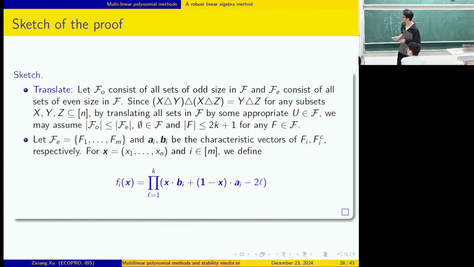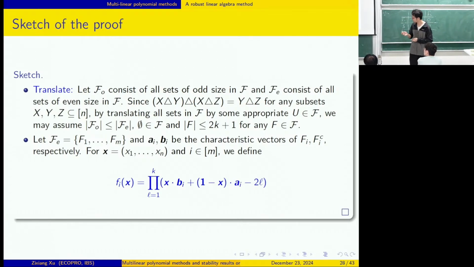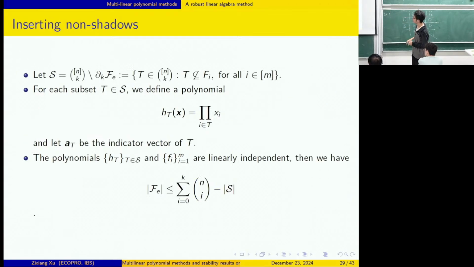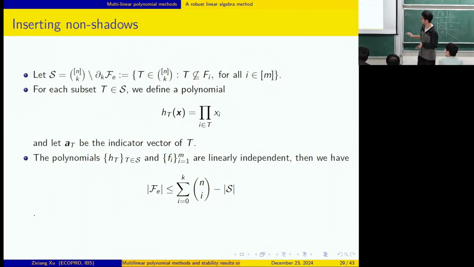Those parts you can easily prove are linearly independent, and then we also insert the non-shadow, and it's not hard to prove they are linearly independent.